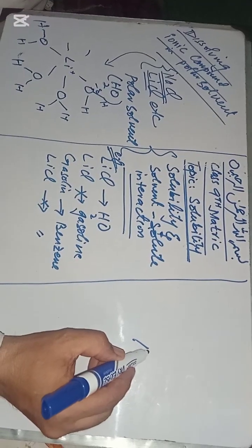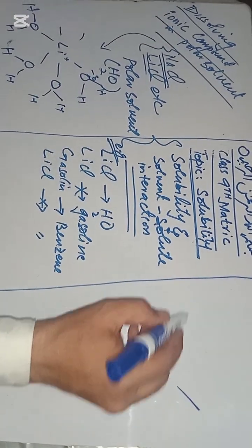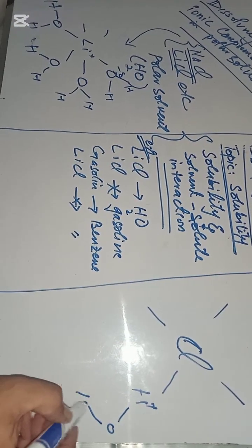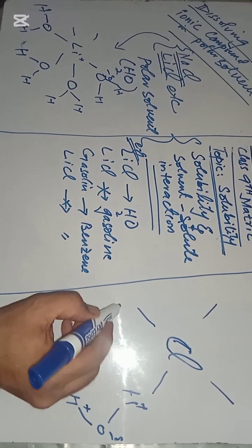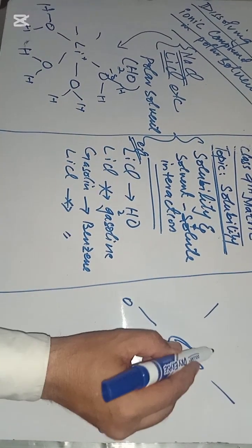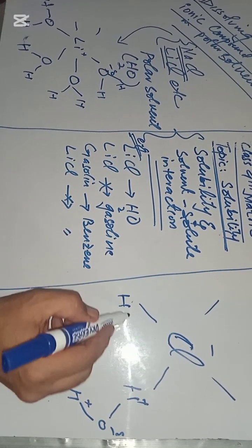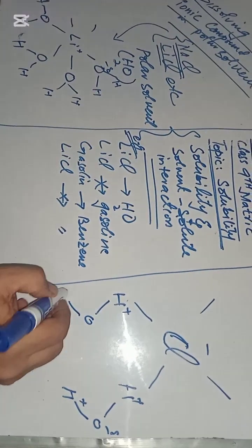They both have chloride in common, so the chloride is attracted by the positive hydrogen of the water molecule. Clear? Of the water molecule. The negative end is attracted toward the positive hydrogen end of the water molecule.